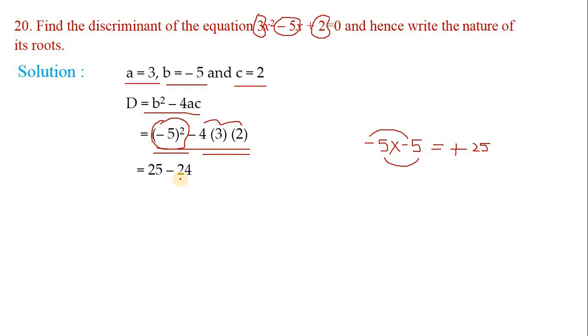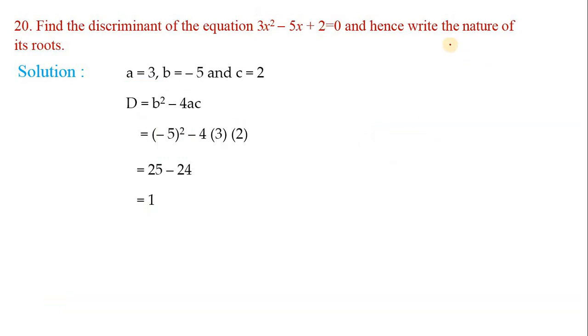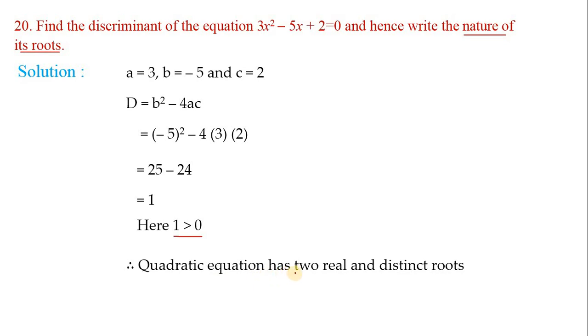So 25 minus 24 gives the answer 1. Now D value is 1. On the basis of D value, we have to write the nature. Here 1 is greater than 0, therefore the quadratic equation has 2 real and distinct roots.